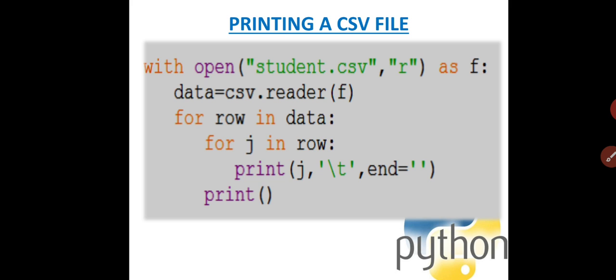This will read the entire content, or all the records of the CSV file, into a Python object, and the Python object will be of nested list type. So data will be a list containing other lists inside it.